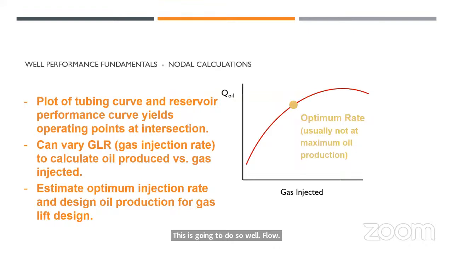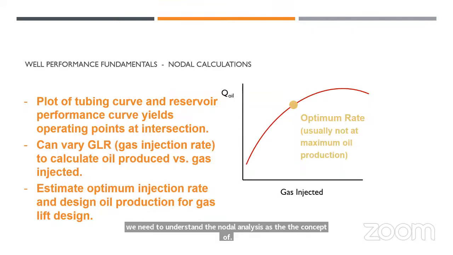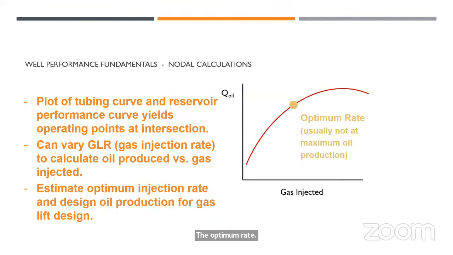Also, inside nodal analysis, we need to understand the concept of the optimum rate. The maximum rate is not always the best for us. In some cases like this one, if we have gas injection and we keep increasing the gas injection, we might reach a point where the rate will decline.